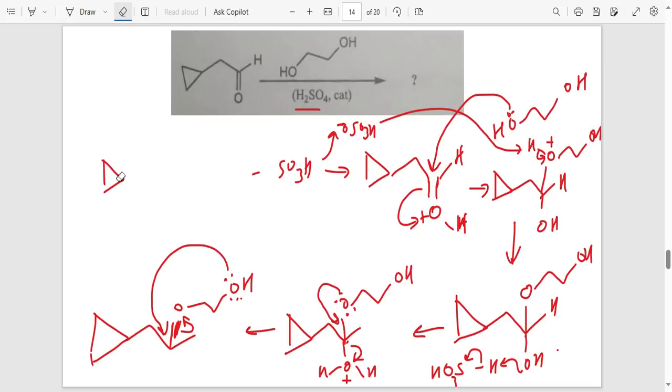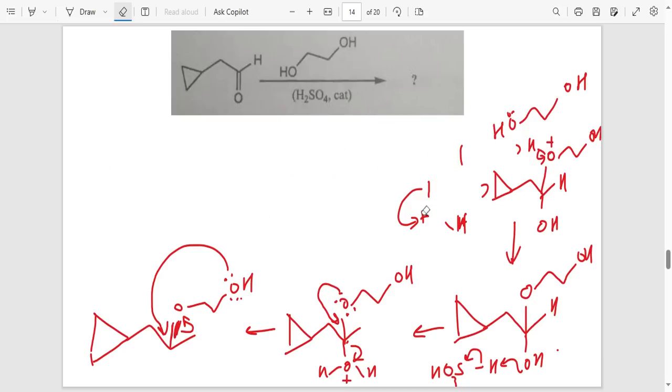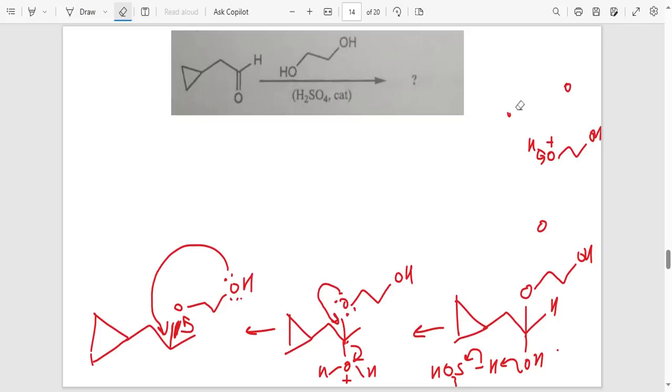Oh, thank you very much. That's true. So that oxygen is known to have a positive charge because it has got three bonds. So this one has a positive charge.